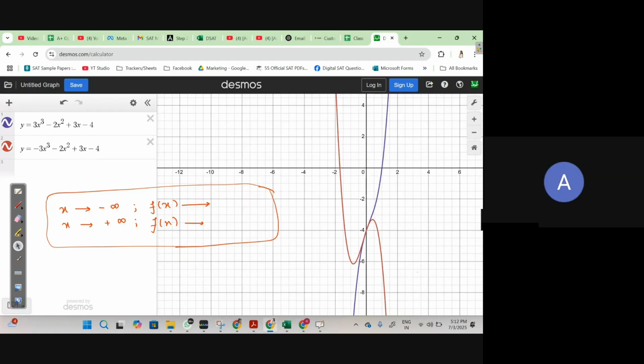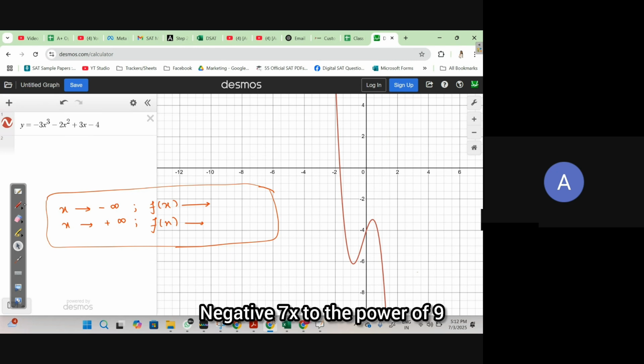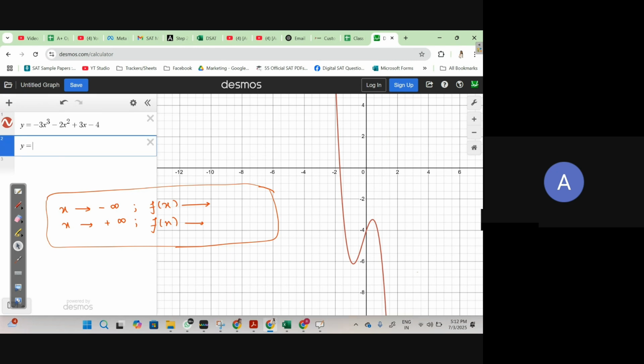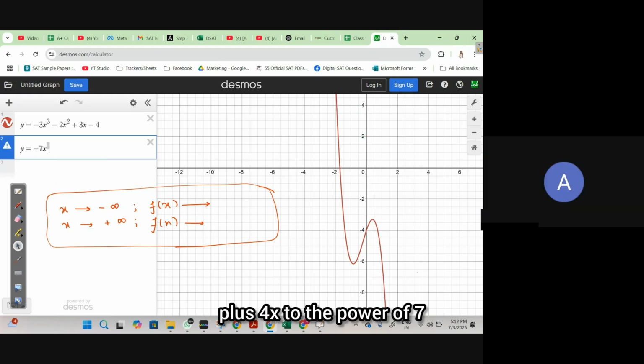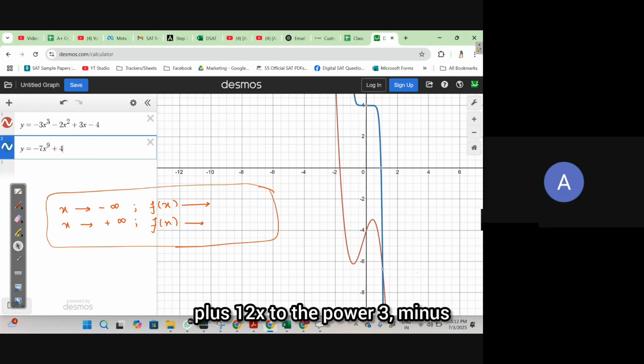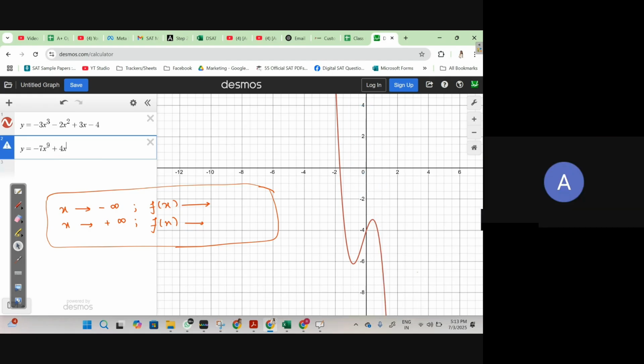Okay, then negative 7x to the power of 9, plus 4x to the power of 7, minus 3x to the power of 5, plus 12x to the power of 3, minus 15x plus 20.